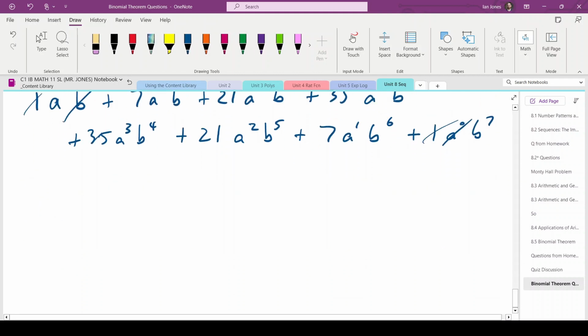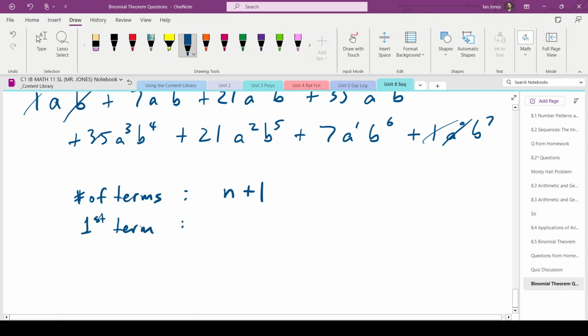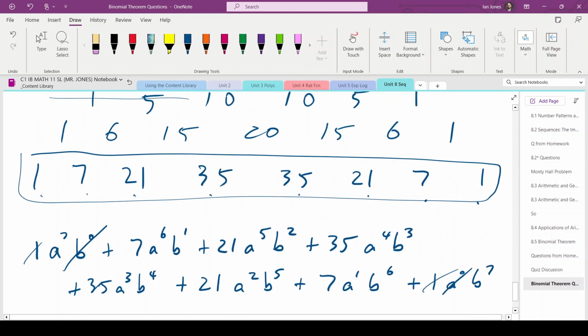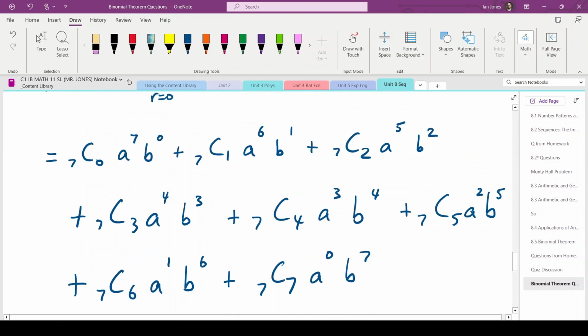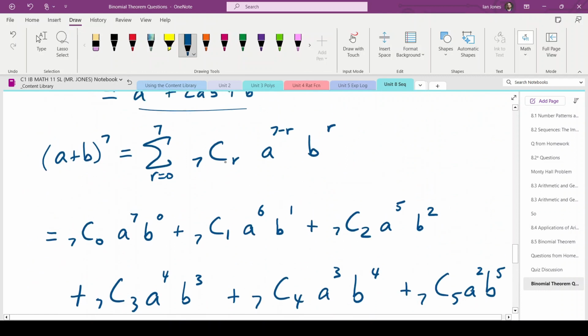Other helpful tips, as I just said, the number of terms in your expansion will be n plus 1. That can be very, very helpful. The first term will occur when r equals 0, right? We saw that in every single example. When r is 0, that's our first term.